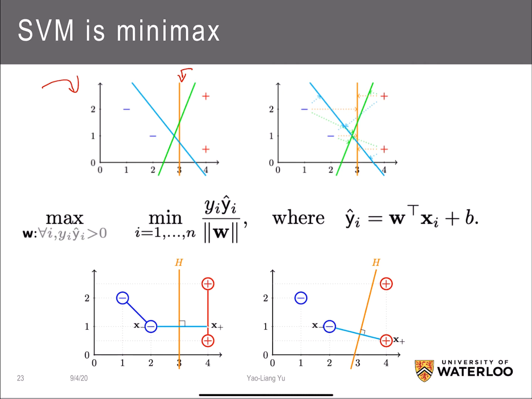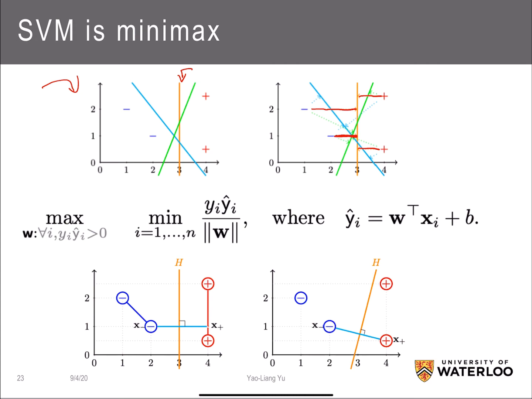For each point, you can compute its distance to the line you pick. For instance, if I pick the orange line, this is the distance I can compute. I have 4 points, so I have 4 distances I can compute. And then I'm going to take the minimum distance. Out of the distances, I'm going to pick the minimum one. For instance, this is probably the minimum one.